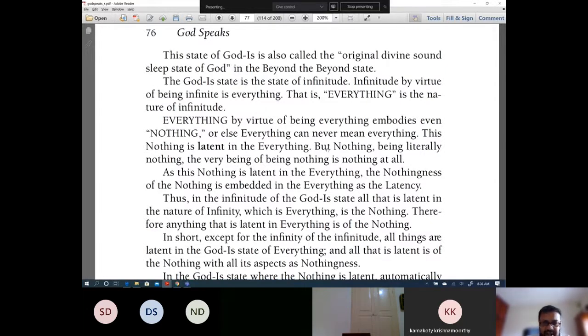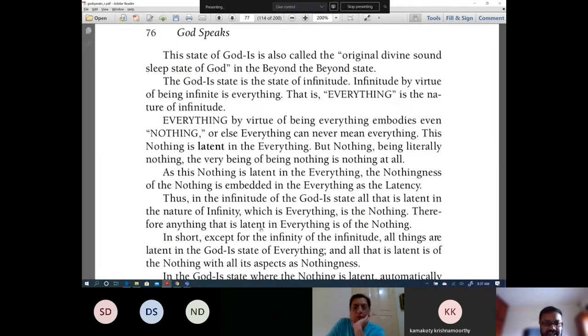But I'll read the last line again. But nothing, being literally nothing, the very being of being nothing is nothing at all. As this nothing is latent in the everything, the nothingness of the nothing is embedded in the everything as the latency. Thus, in the infinitude of the God-is state, all that is latent in the nature of infinity, which is everything, is the nothing.